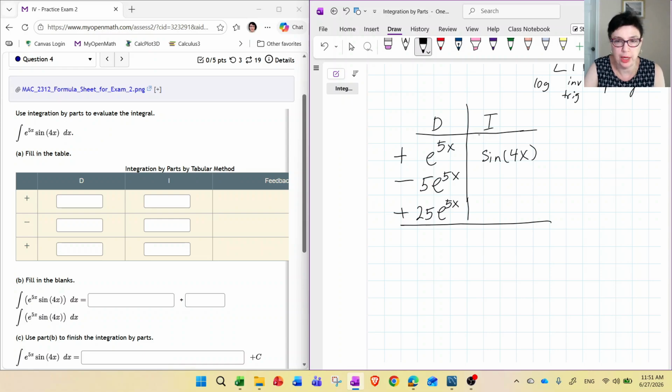Now let's do the I column. Let's take the integral of sine. Okay, so first of all, we have to flip the function. If this was a sine function, we're going to have a cosine function, so cosine 4x. But what about the number? Let's go backwards. If you take the derivative of cosine of 4x, you get a negative sign.